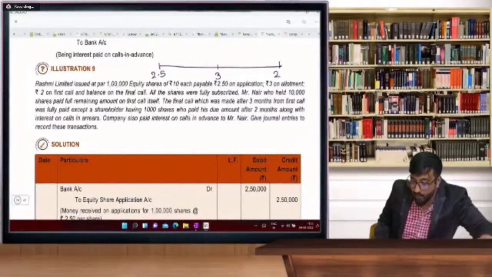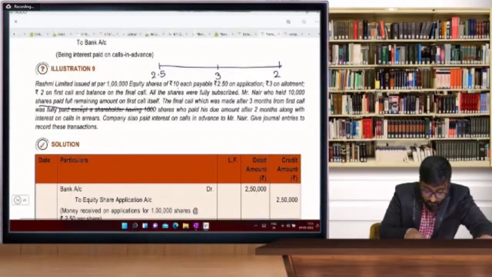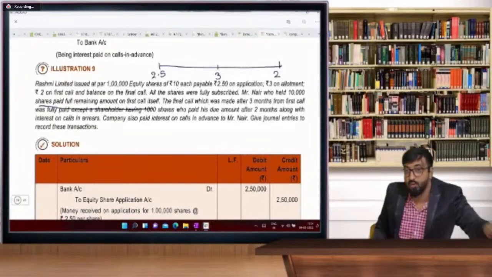All the shares were fully subscribed. Mr. Nair, who held 10,000 shares, paid the full remaining amount of the first call itself.